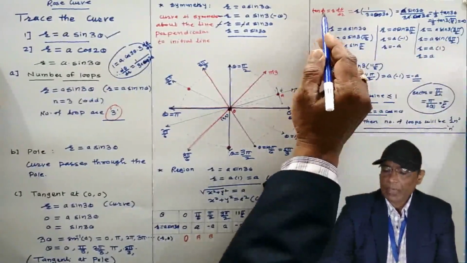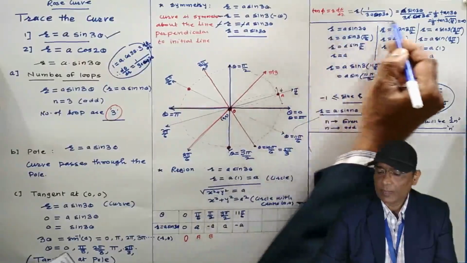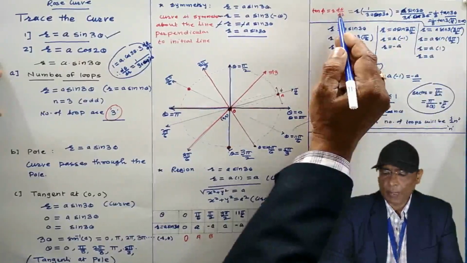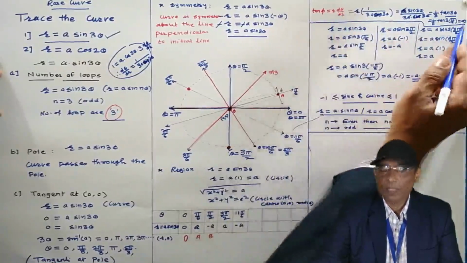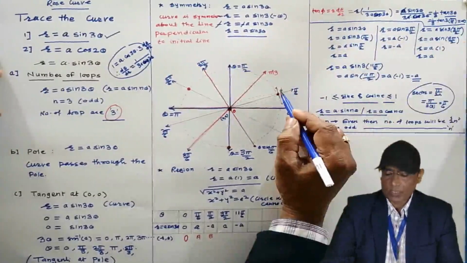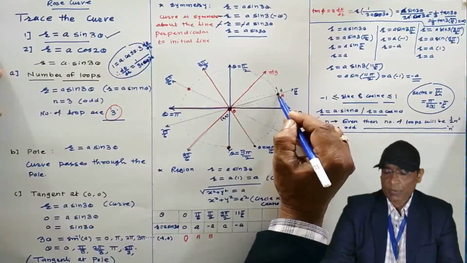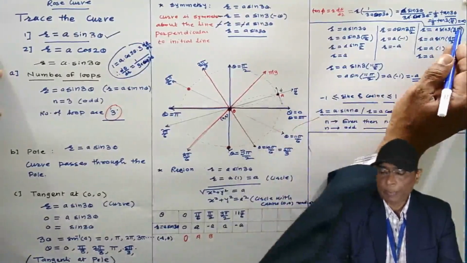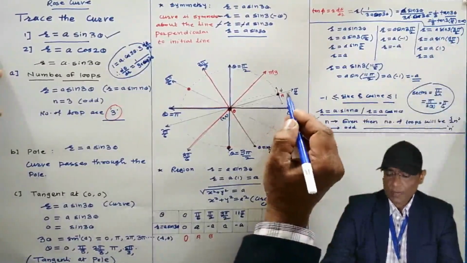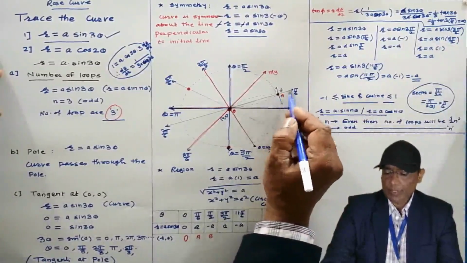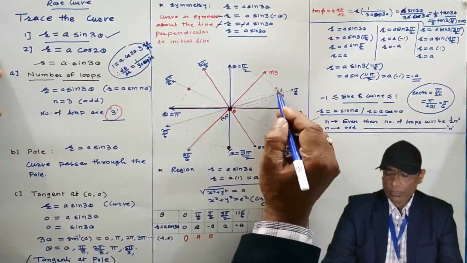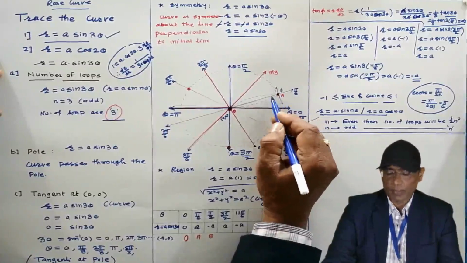The value of tan phi is coming to be infinity. Infinite slope indicates that the line which is tangent to the curve at this point will have infinite slope, which means these 2 lines will be perpendicular to each other. Therefore, this is the tangent to this one.